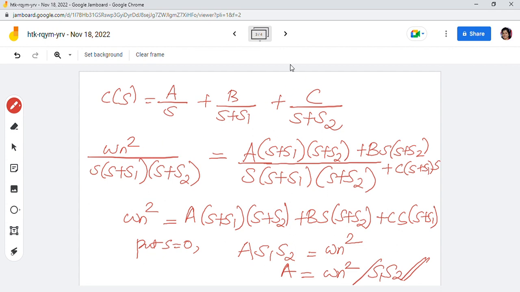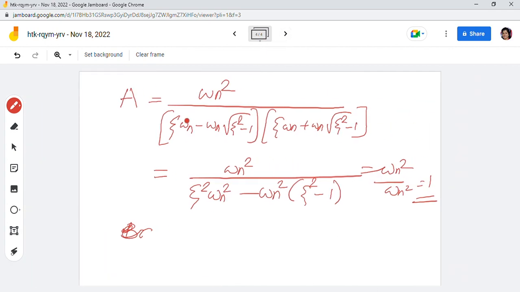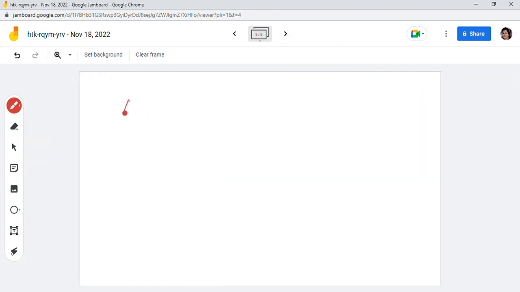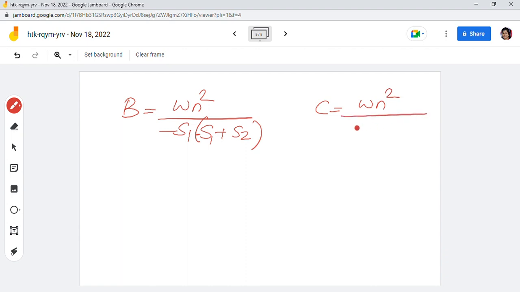While equating these s terms and s square terms, we get the value of B and C as: B is equal to omega n square by (minus s1) into (minus s1 plus s2), and C value we will get as omega n square by (minus s2) into (minus s2 plus s1). Like this we get. Now we can substitute and find out the value of the remaining.